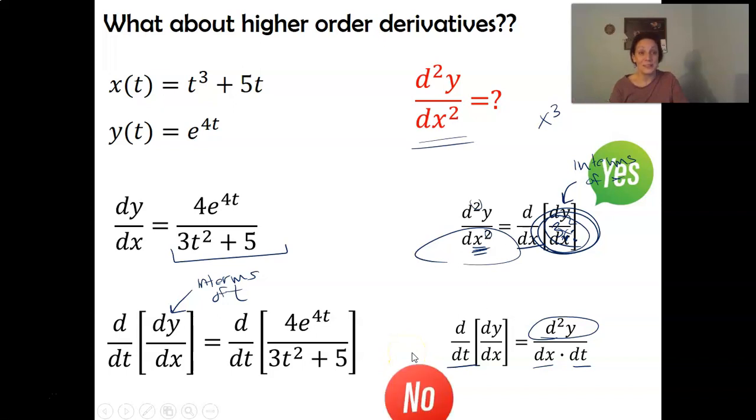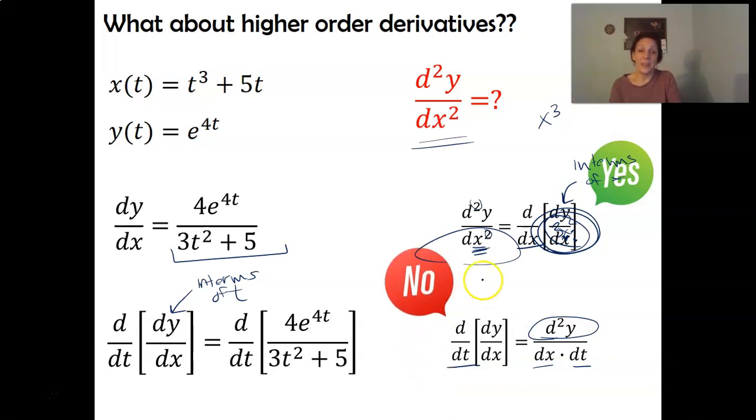The good news is it's an easy fix. Okay, so if I want a second derivative, it's fine if you're in rectangular coordinates, you take the derivative again. As long as the first time you took the derivative it was in terms of x, and the second time you took the derivative it was in terms of x, you're good to go. You got a second derivative. But as soon as you get this third variable kicking around, the first time you take the derivative, you're doing it with respect to x, right?